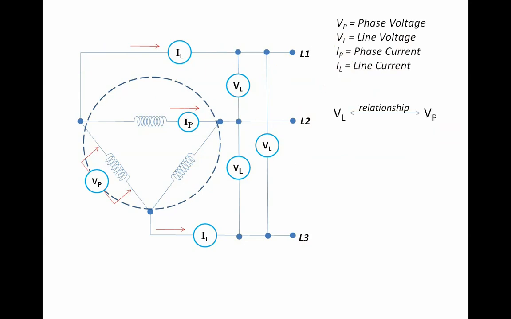Now again, what is the relationship between line voltage and phase voltage for delta? The line voltage is measured across any two of the three lines. So if we take, for example, the line voltage across line 1 and line 2, and trace the connection between line 1 and line 2 inside our generator, we would say that the line voltage is connected to this point here and to this point here, or in other words, it is directly parallel to this phase here.